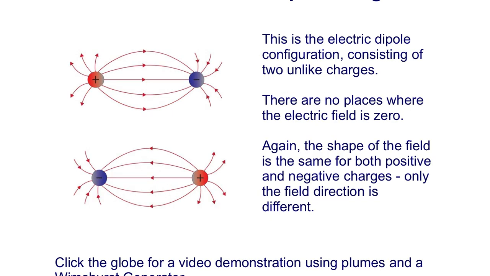Now, if you have unlike charges, you'll have the field lines doing something like this, like a mitotic spindle effect.